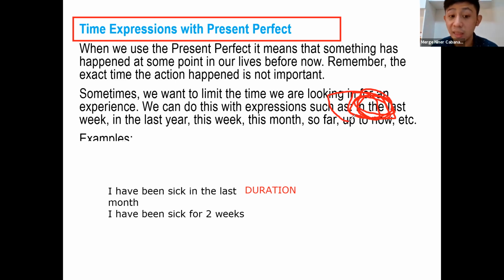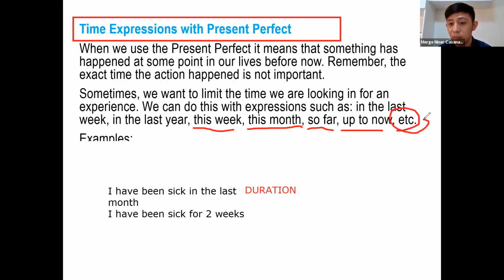Never forget the in the, because if it just becomes last year, last week, last month, then it becomes a past expression, which is not going to be accurate for this type of tense. So this week, this month, so far, up to now, and many others.